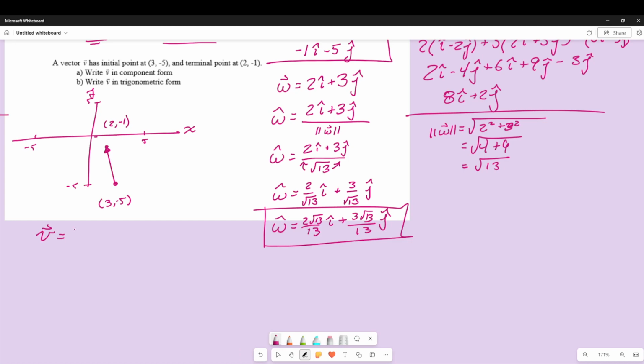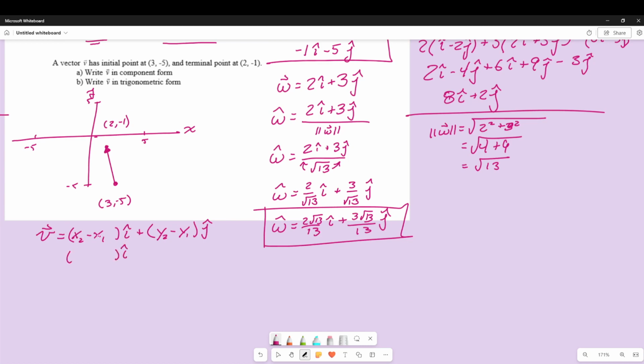For that vector V, well, it's going to go the difference in the x values, x2 minus x1 in the I direction, and the difference in the y components in the J direction. So that's how much horizontal displacement in the x and vertical displacement in the y is going to give us our vector. Do be careful about your order here.